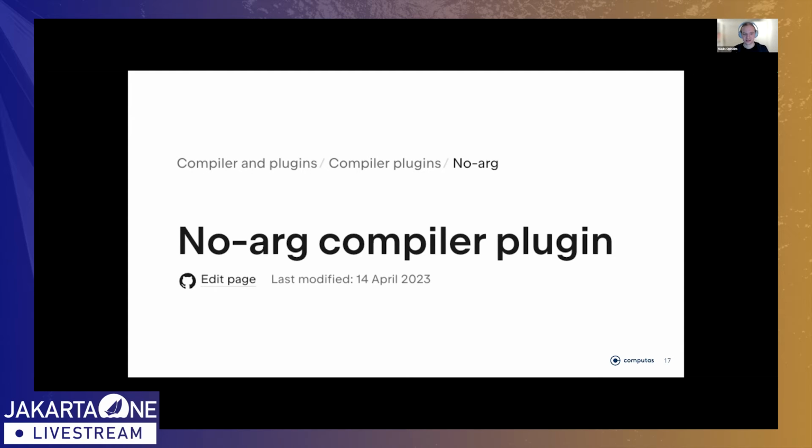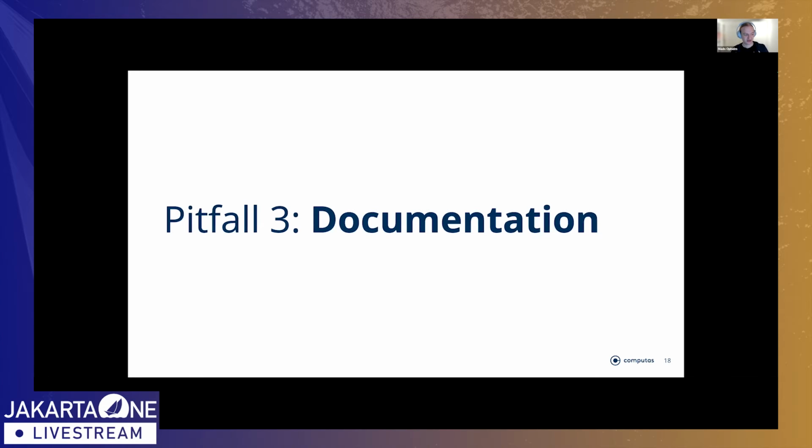I'm not sure of the details of it, except that for everything annotated with Entity, you get a no-arg constructor by default if you're using the JPA plugin. Yeah, so those were the two technical things you need to take care of or handle.